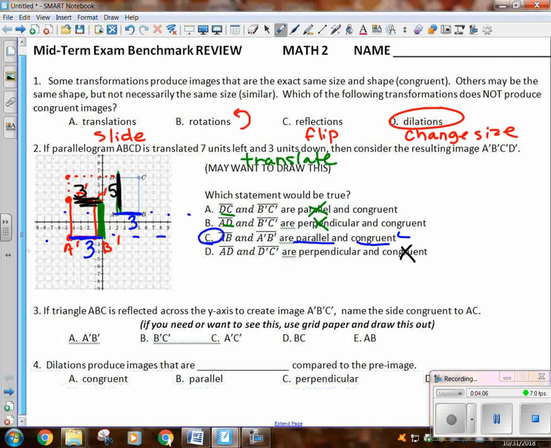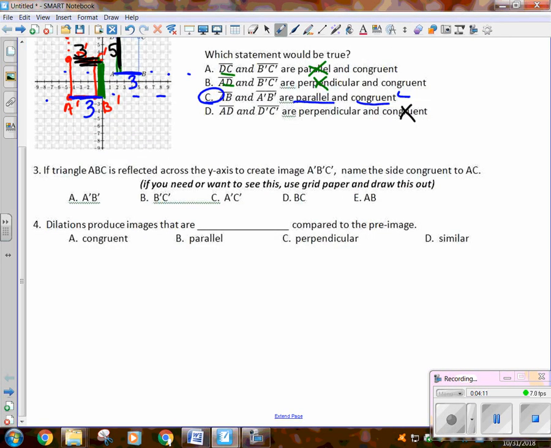If triangle ABC is reflected, keep in mind, if it's reflected, you are going to create images that are congruent. They're going to be the same shape, same size, different position. It's reflected across the x-axis to create A prime, B prime, C prime. Name the side that's congruent to AC.